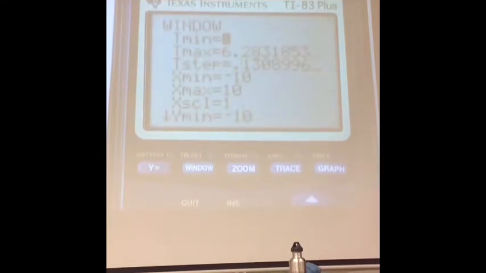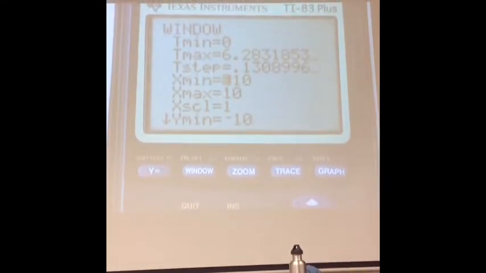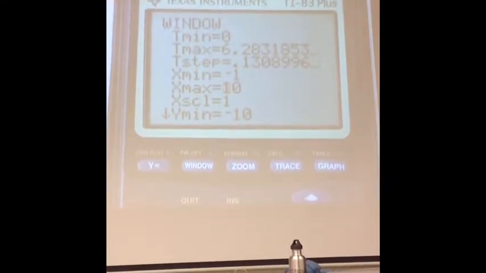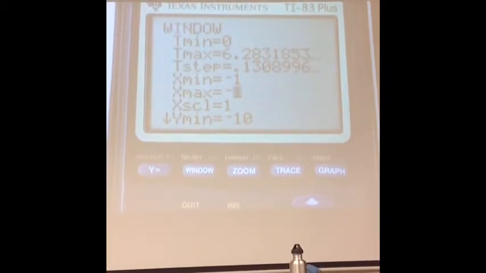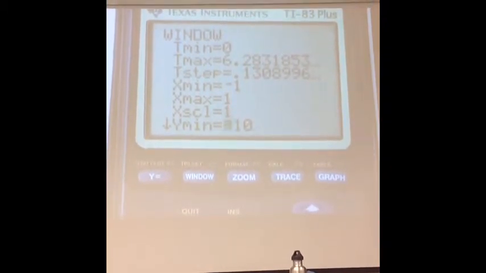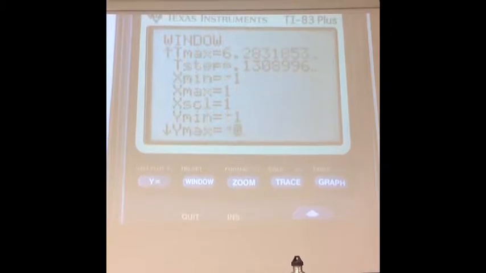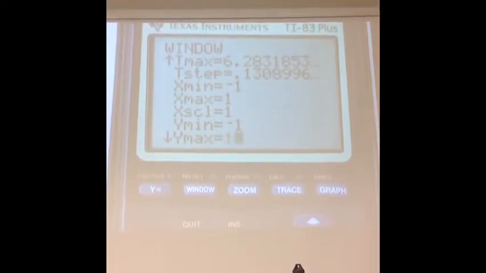We'll change our window. Our x minimum will be -1, x maximum +1. Our y minimum -1 and our y maximum +1.